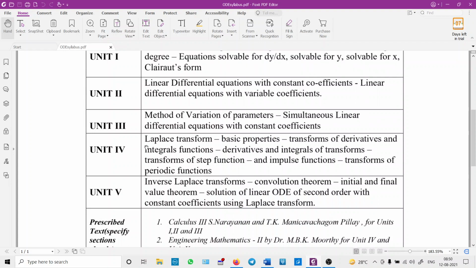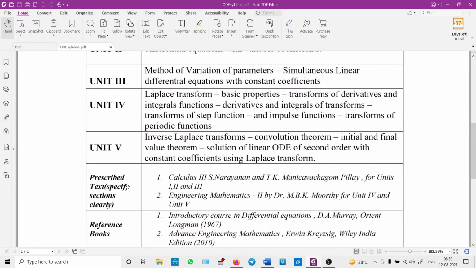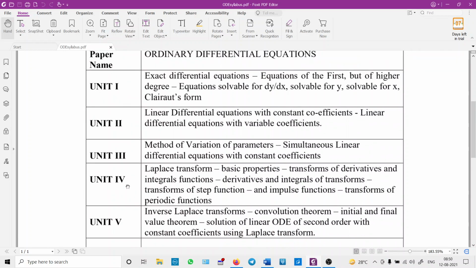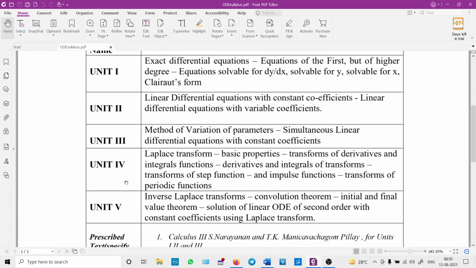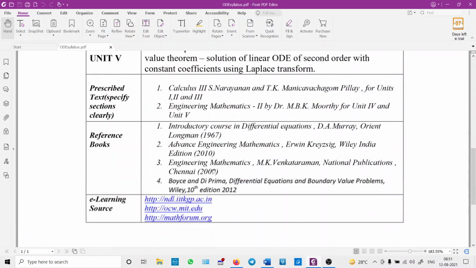So the 4th and 5th units are full of Laplace transform and its applications. The first 3 units are full of learning different differential equations and the methods to solve them. This is how the units are divided.